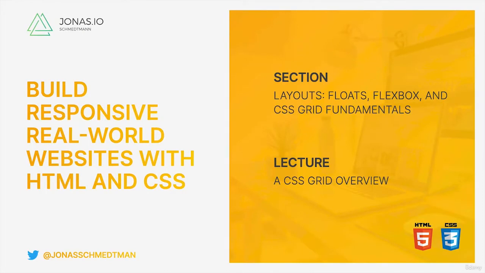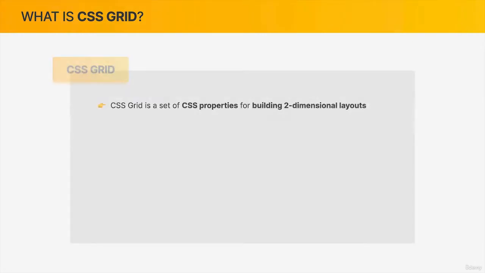Now that you know some of the fundamentals of CSS Grid in practice, let's now also learn some theory about it. And so just like with Flexbox, the first question that we ask is what actually is CSS Grid? And at the most basic level, CSS Grid is a set of CSS properties that web developers can use to build 2-dimensional layouts.